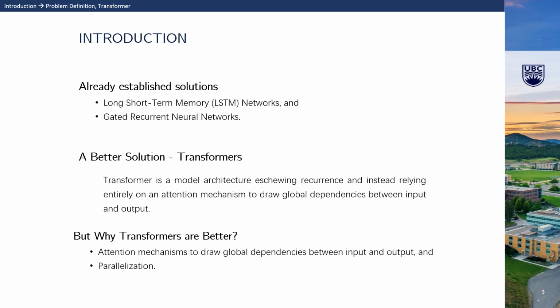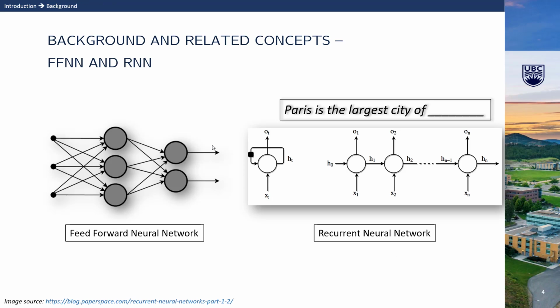As an example, for translation tasks, the transformer can be trained significantly faster than the recurrent or convolutional layers-based architectures. On both English to German and English to French translation tasks, it achieves a new state-of-the-art BLEU score, 28.4 and 41 respectively.